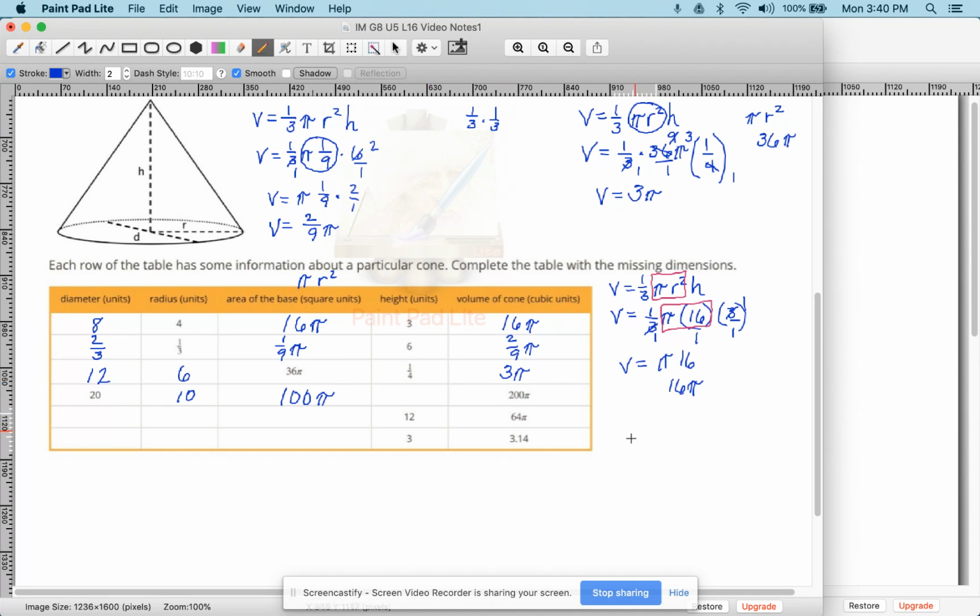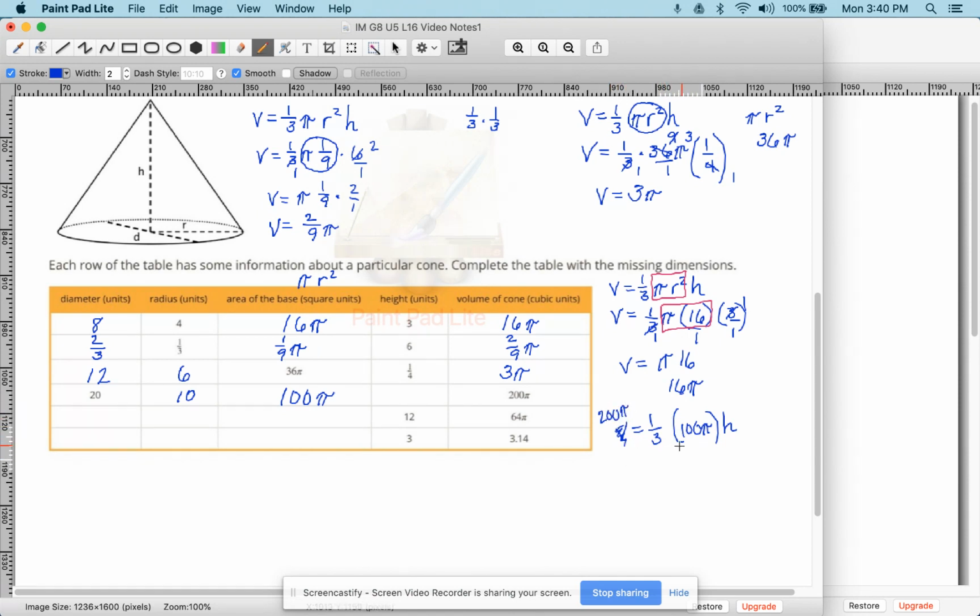So again, I'm going to use that formula. Volume equals 1/3 times the area of the base, which is 100 pi, times my height. Oh, I'm sorry, they gave us the volume. So instead of the volume, it's going to be 200 pi.